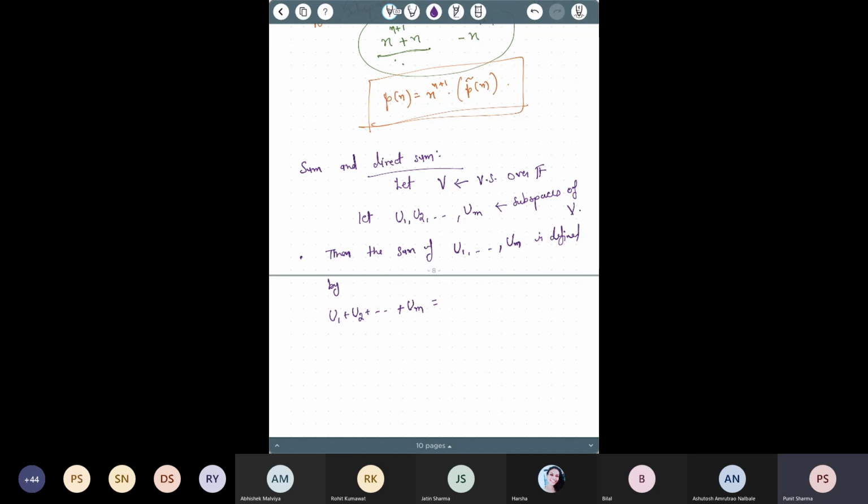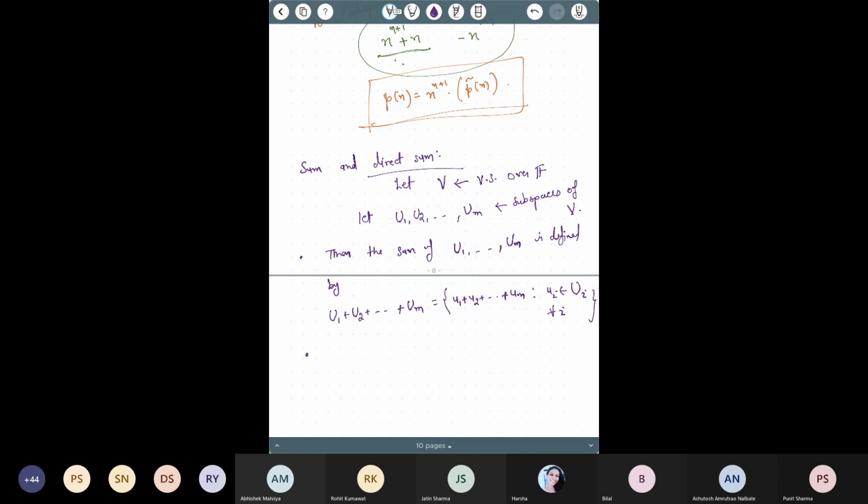It is the collection of all vectors of the form u1 plus u2 and so on up to uM, small um, where these small ui belong to capital Ui for each i. Okay. Now this is how we define the sum of subspaces. So every element in this sum will be of the form u1 plus u2 and so on up to uM, where these vectors ui belong to the subspace Ui.